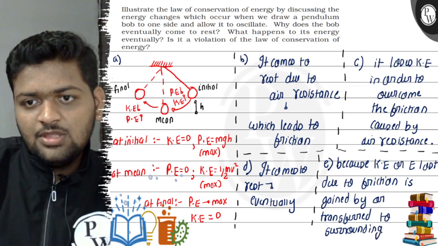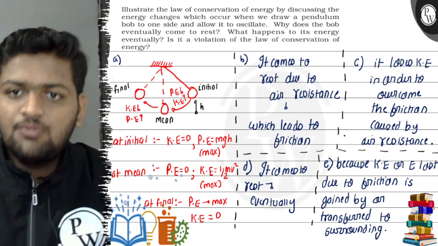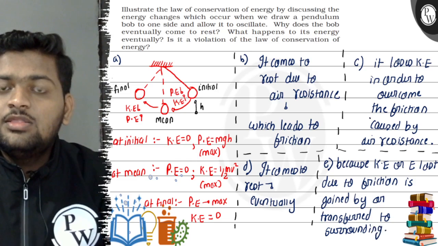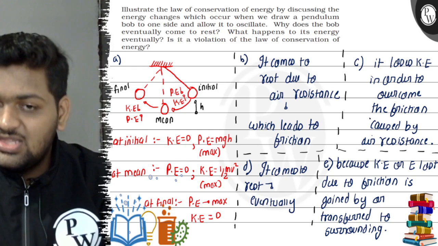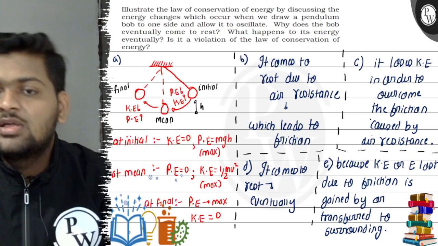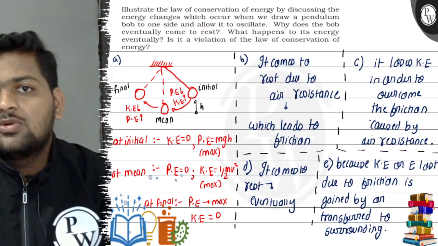So in some form or another, energy is transformed from one form to another and it is given to the surrounding. There is no energy loss, there is no energy gain, it is only transformed. The kinetic energy gets transformed and passed on to the surrounding.